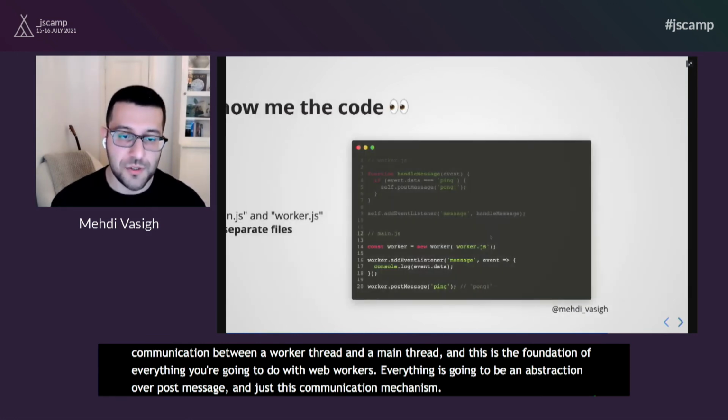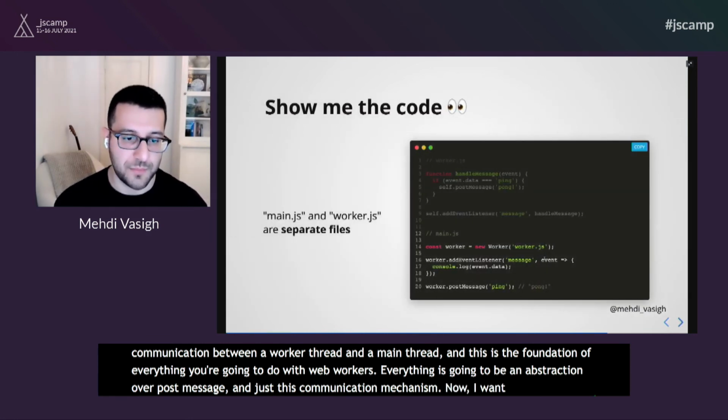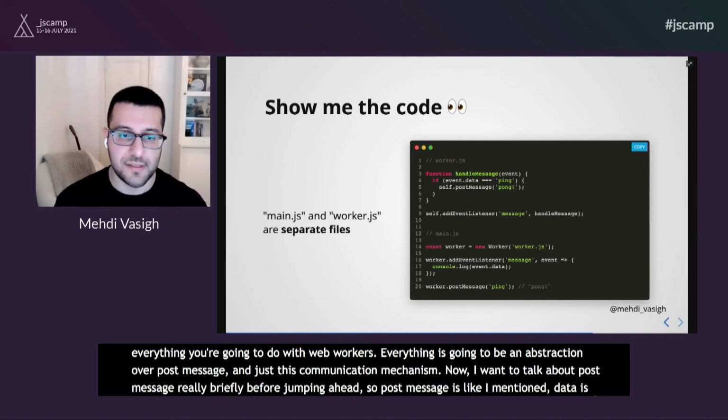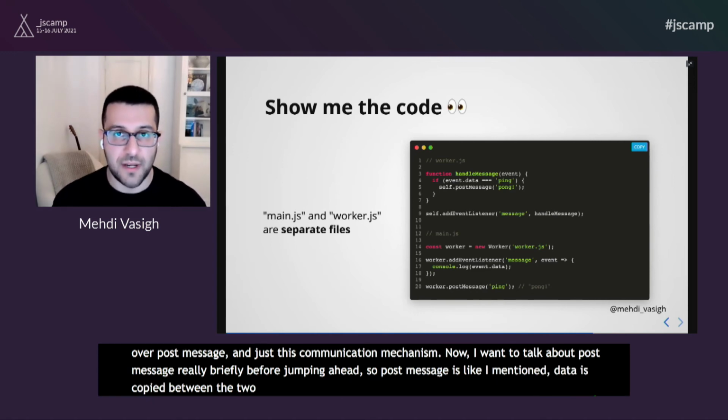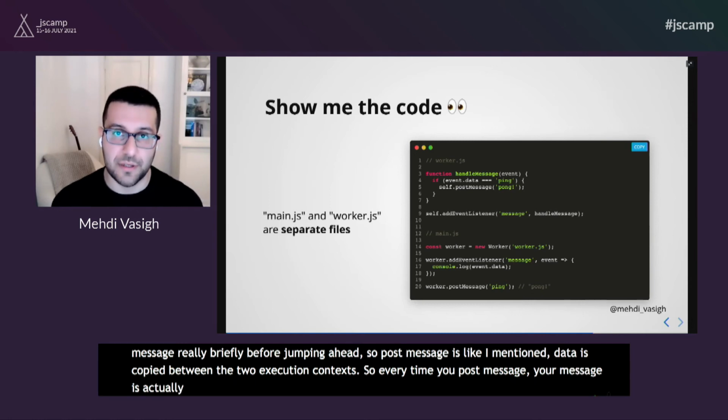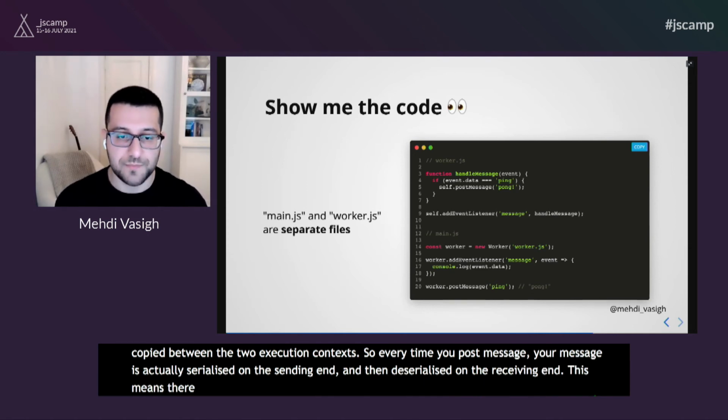Now, I want to talk about postMessage really briefly before jumping ahead. Like I mentioned, data is copied between the two execution contexts. Every time you postMessage, your message is serialized on the sending end and then deserialized on the receiving end. What this means is that there's some work that's done on either end of that communication.